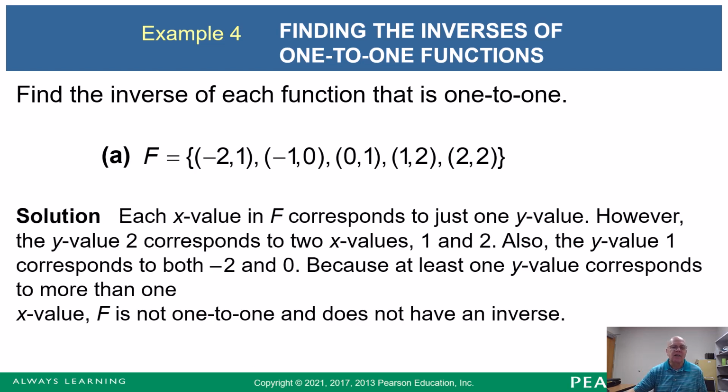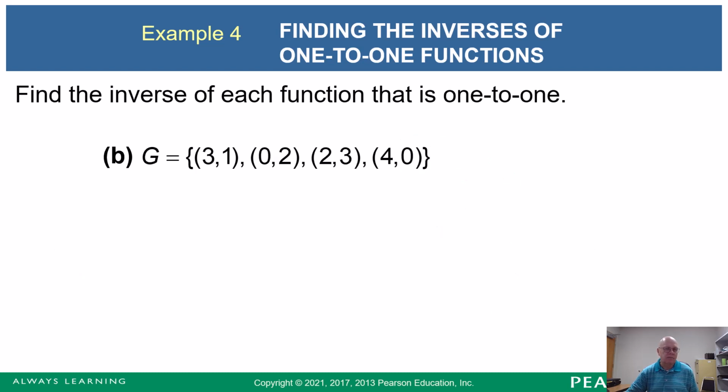Unfortunately not, because if you look at these two, the x values, 1 and 2, are different, but the y values are the same. So it's not one-to-one and does not have an inverse. We can reverse those coordinates all we want, but the reverse is not a function. The reverse relation is not a function.